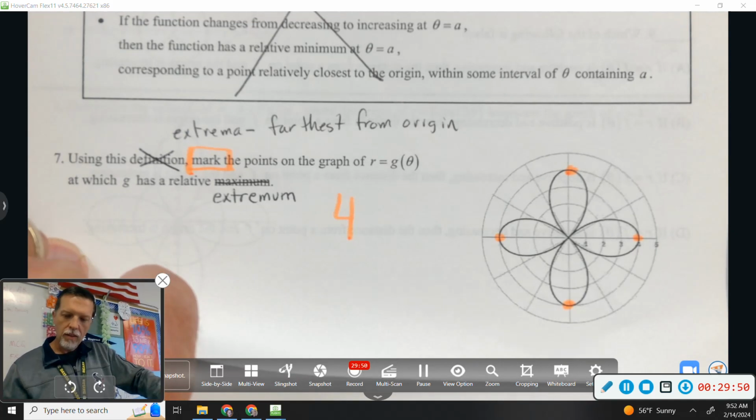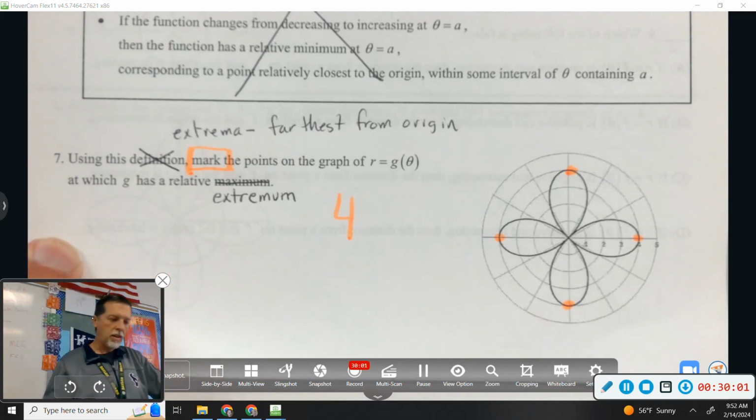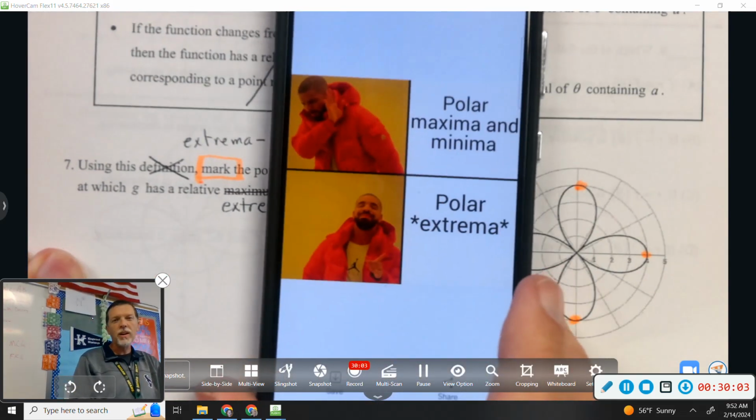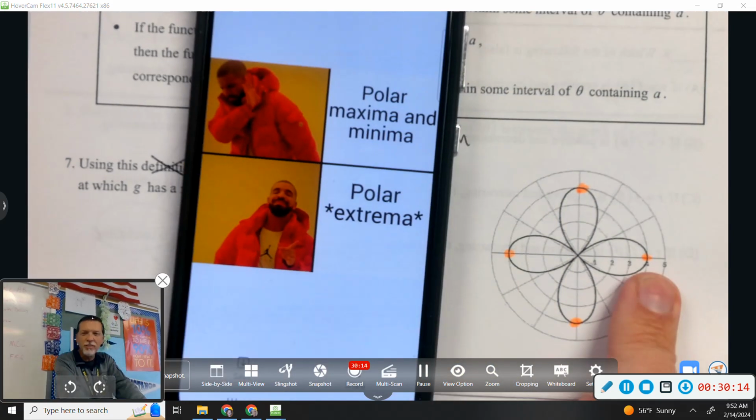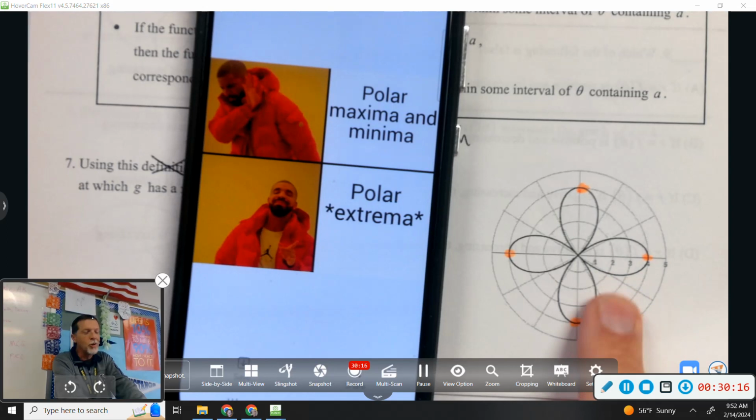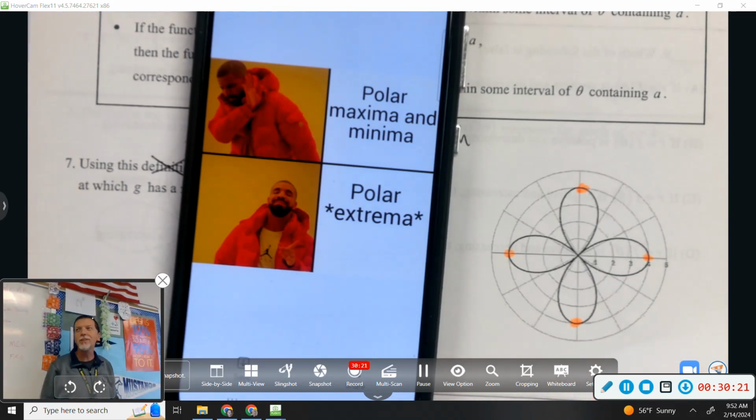So the maximum and minimum versus just saying extremum is the tricky part. Here's my attempt at humor. Polar maximum minimum, no thank you. But if we just say extrema, then we don't have to worry about, well, are these points at +4 or -4? There's no way to know just looking at the picture. Instead, we'll just say, well, they're 4 away, so it's an extrema.